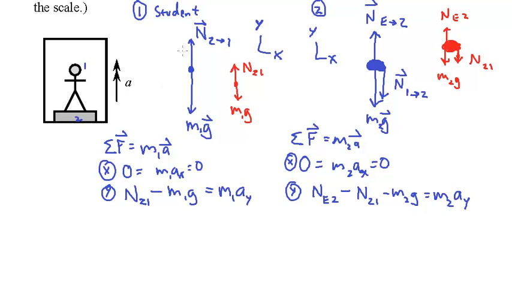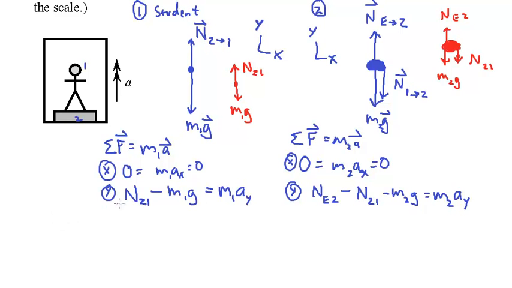So now going back to our equation: NE2 up minus N21 down minus M2G equals M2AY. If we want to solve this, the scale and the student have the same acceleration, which is the acceleration of the elevator. The question is, what do you want to solve for?